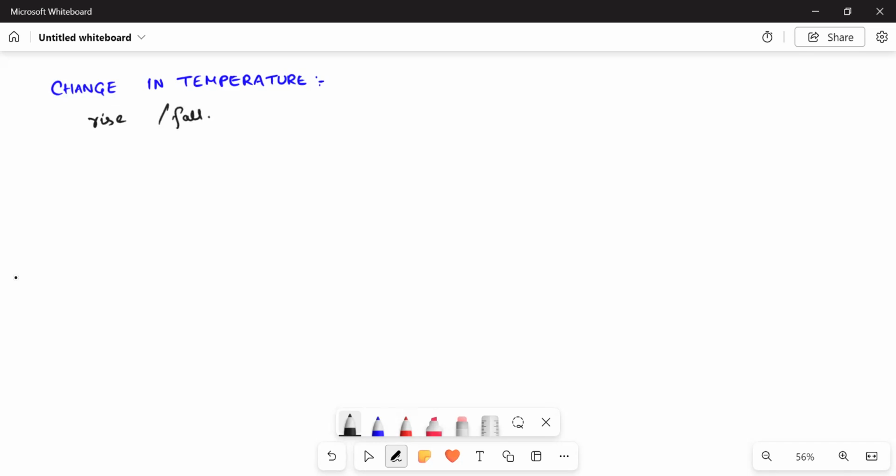Right, either there can be a rise in temperature and the other one is there can be fall in temperature. अच्छा, तो rise in temperature में क्या होता है, fall in temperature में क्या होता है, उसको क्या बोलते हैं? We are going to deal with it.